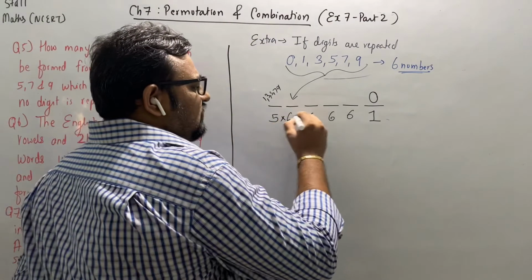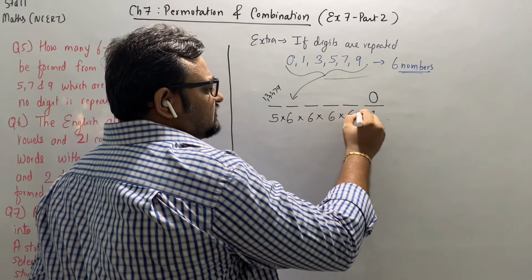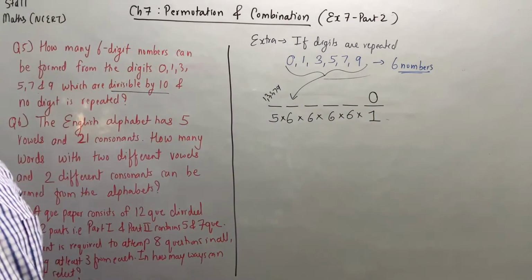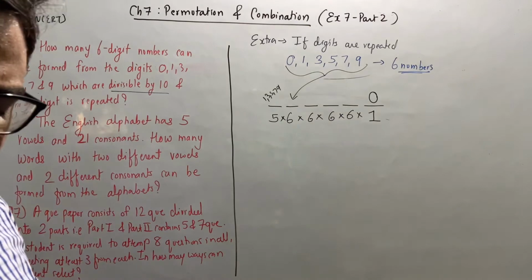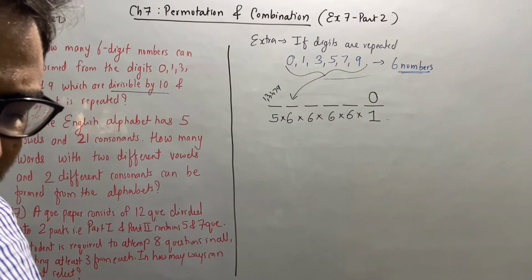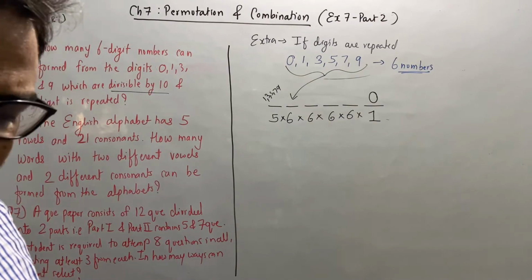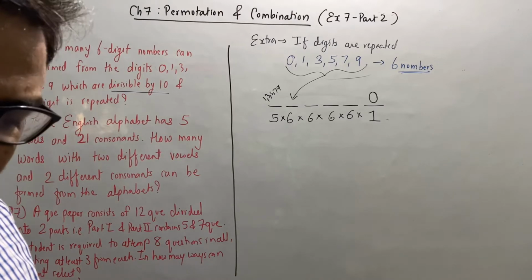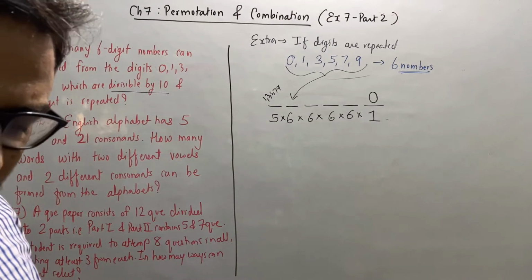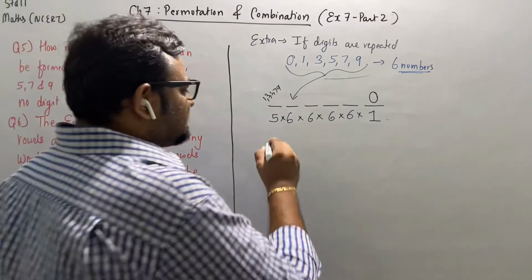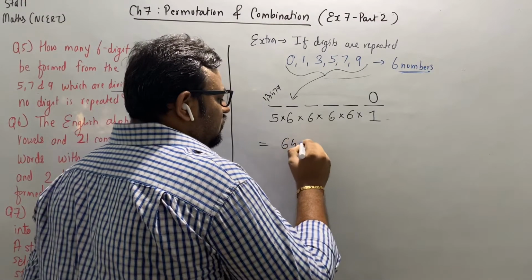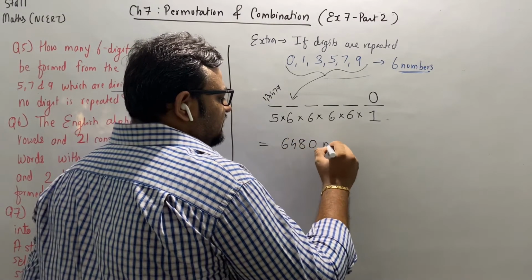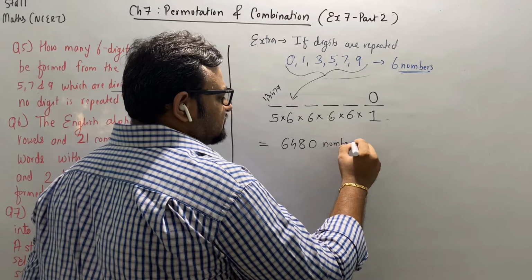So now 5 into 6 into 6 into 6 into 6 into 1. Okay, so let me calculate it. 5 into 6 into 6 is 6,480 numbers.